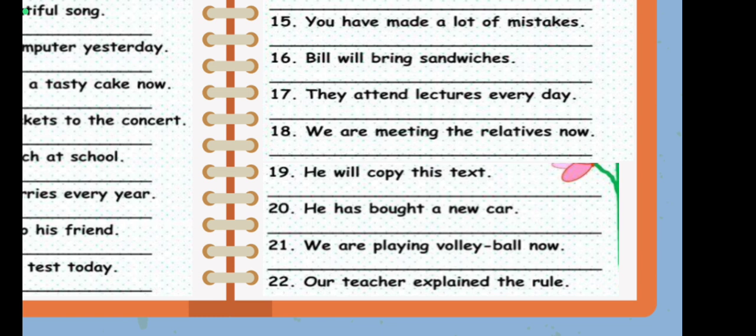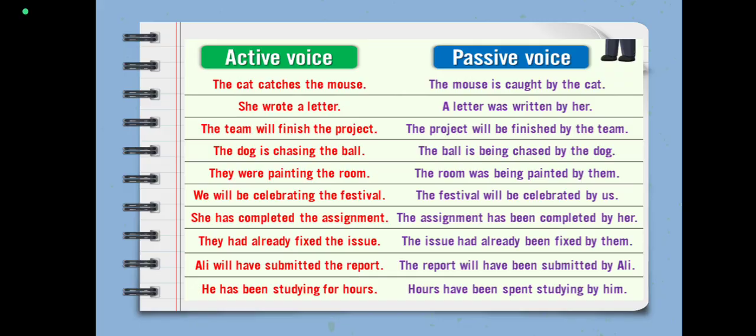And number 20. He has bought a new car. A new car was bought by him. Okay, let's take a look. This is has bought, present perfect.